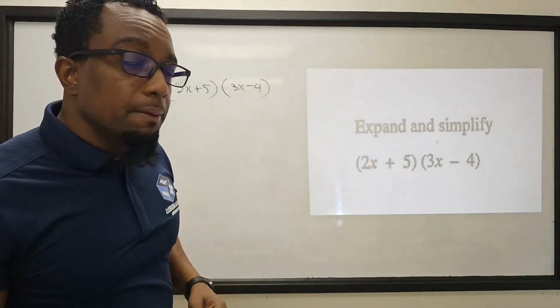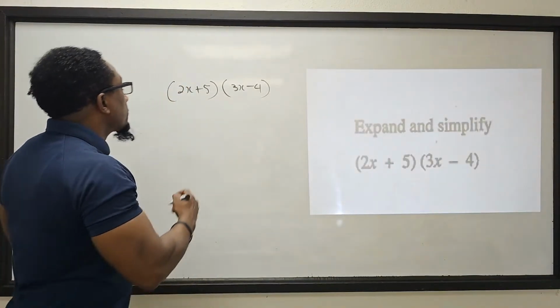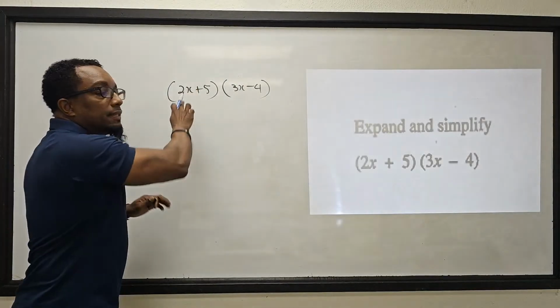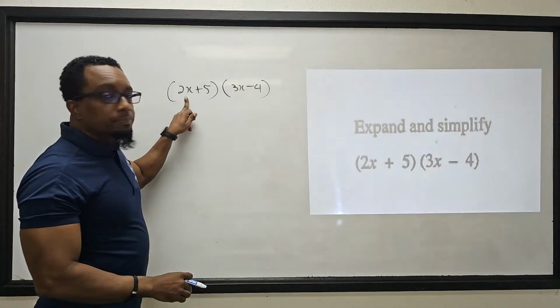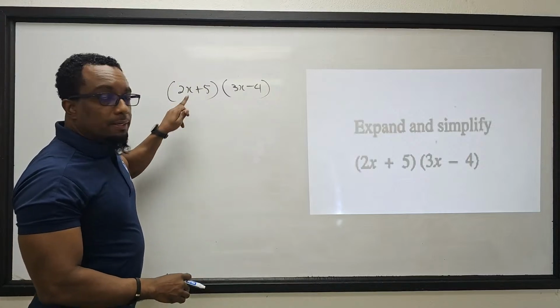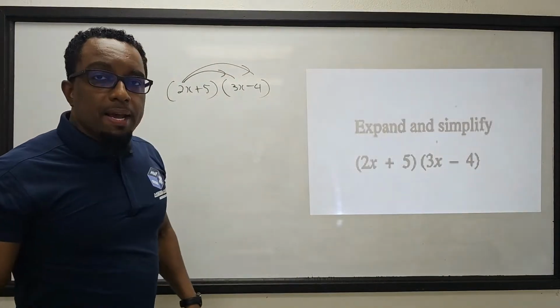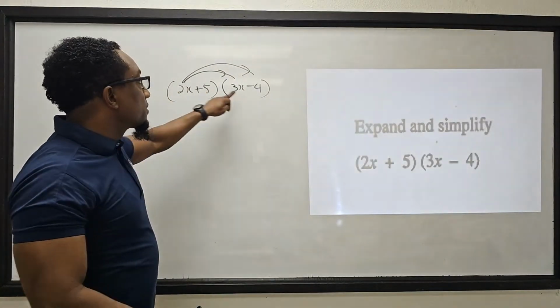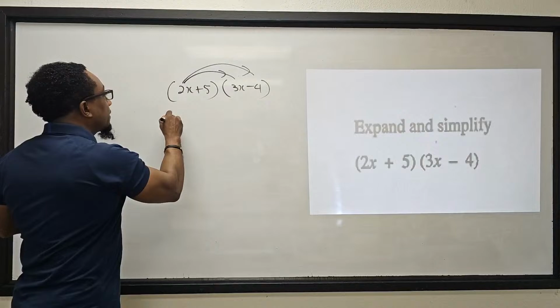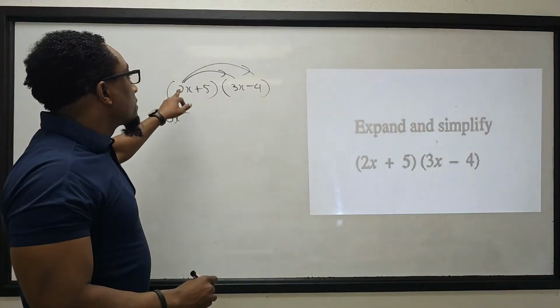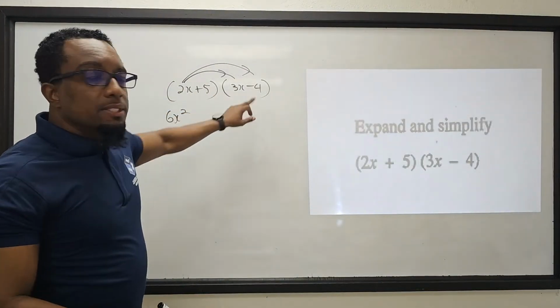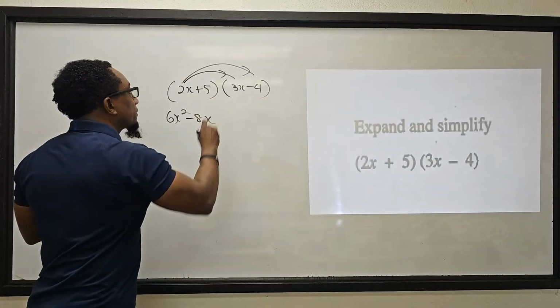We're going to expand by multiplying. I'm going to multiply the first term in my first binomial by each term in the second binomial. So I'm going to multiply 2x by 3x to give me 6x squared. And I'm going to multiply 2x by negative 4, which is negative 8x.